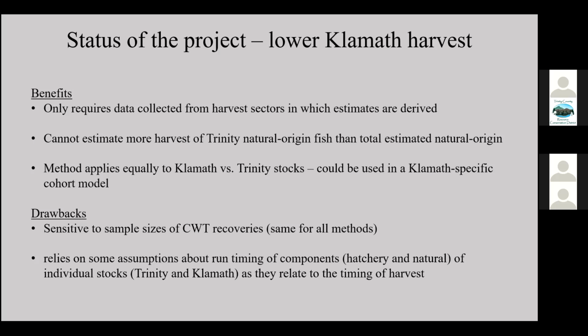So if people are familiar, for example, with hatchery escapement, sometimes we estimate more hatchery fish returning to the hatchery than the total number of fish, and that's just a matter of sampling error and expansion. But this method does not allow that to occur.